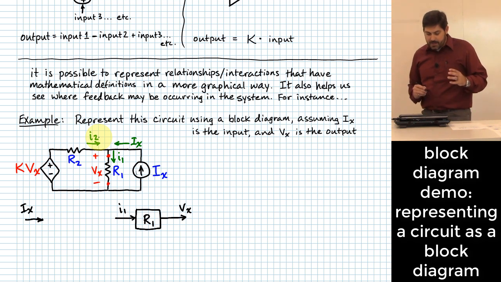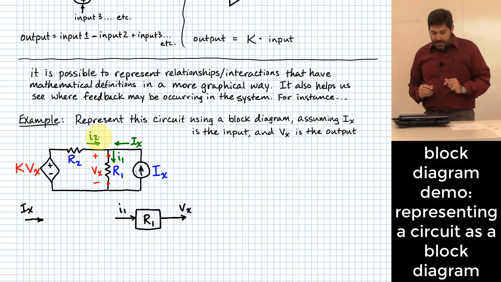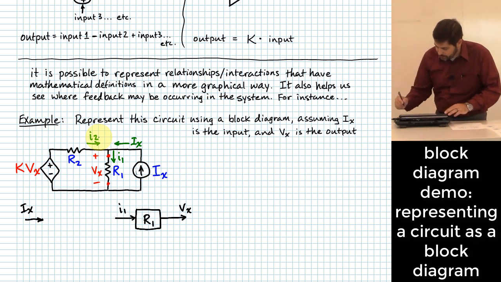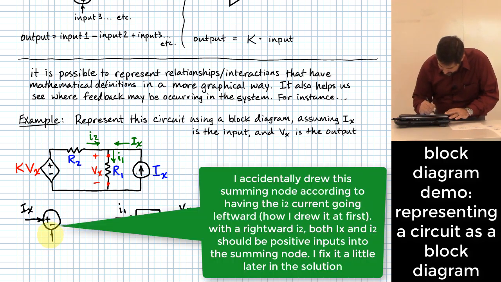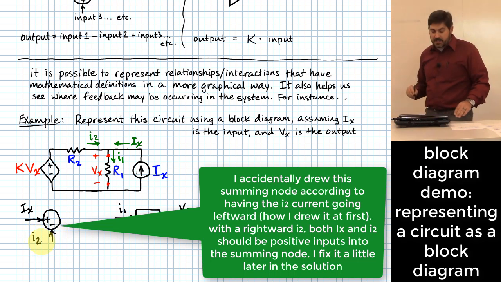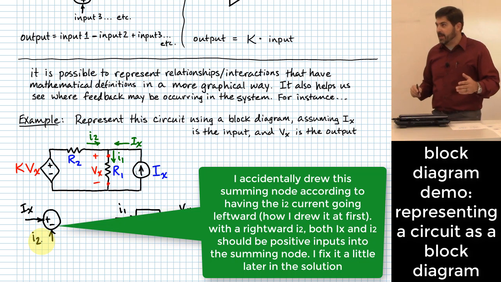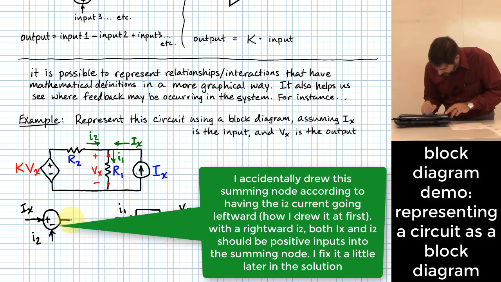My question is, is there a way I can create an I1 signal assuming that I know Ix and I2? And how do I do that? Ix minus, if I can somehow get an I2 signal from somewhere, subtract it from Ix, what do I get? I get I1.